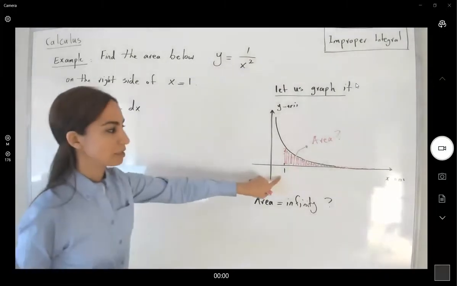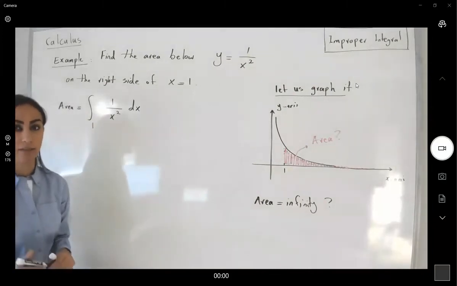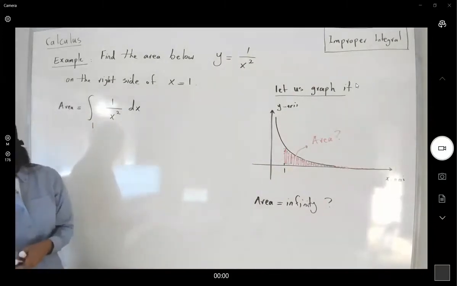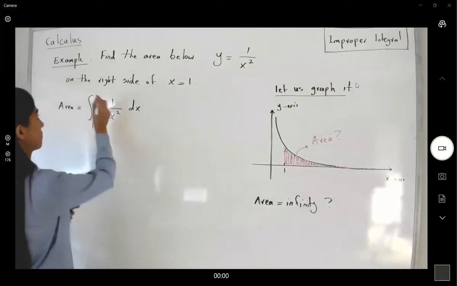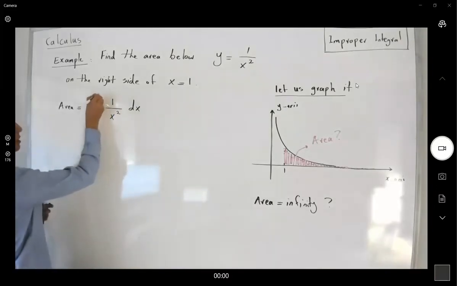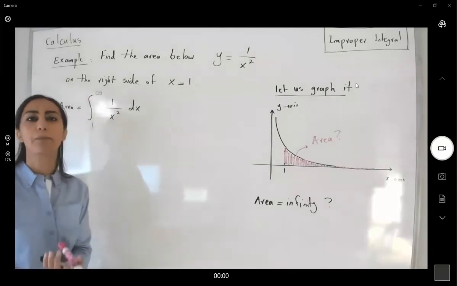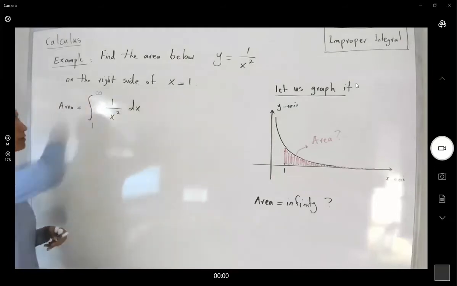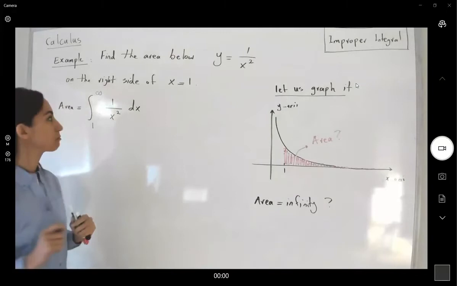On the left-hand side, we have 1, and on the right-hand side, we have infinity. These types of integrals are called improper integrals: one of the boundaries or both of them are infinity.